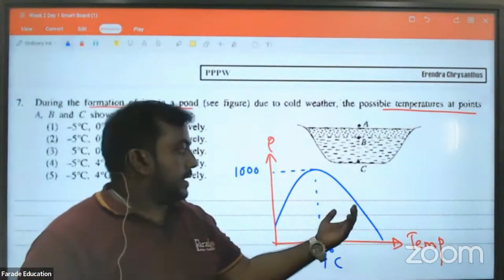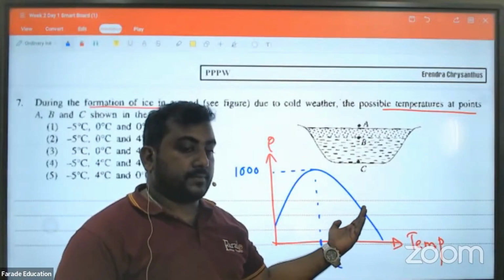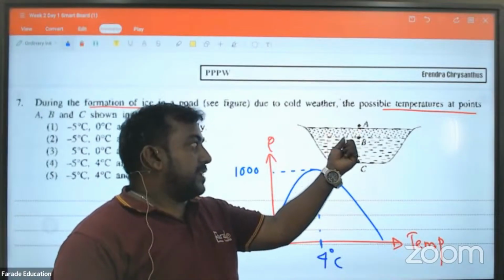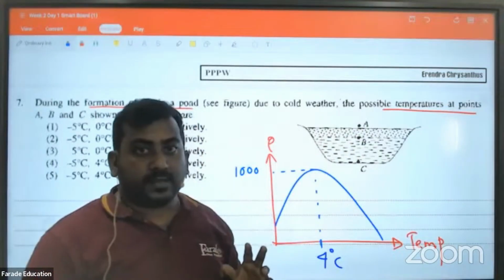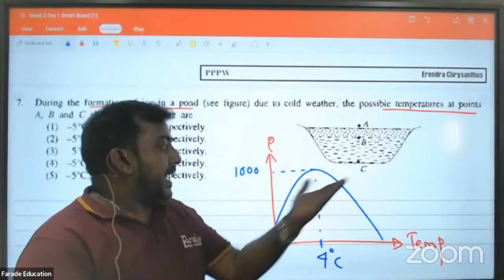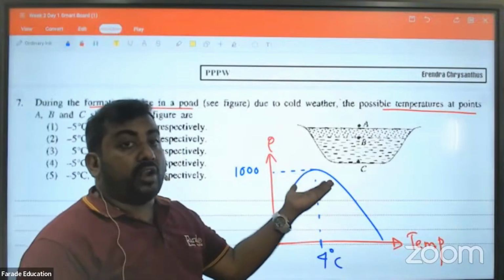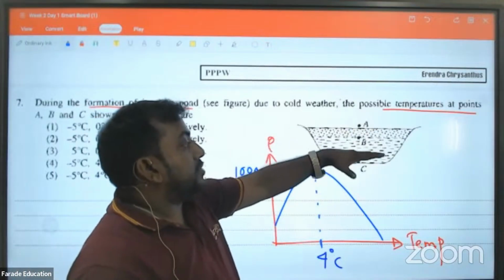Now, when it's freezing, the temperature starts reducing. When the temperature reduces, maximum density molecules go to the bottom, right? When the water gets colder and colder, at 4 degrees Celsius all water molecules are at maximum density, so they go to the bottom.